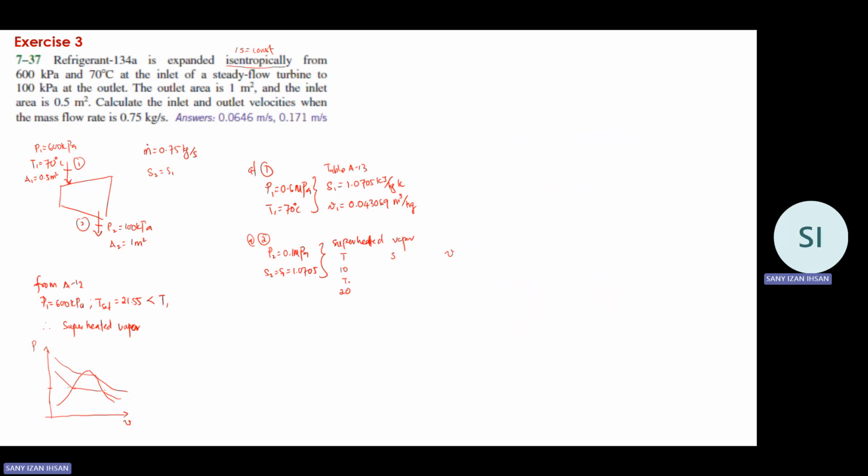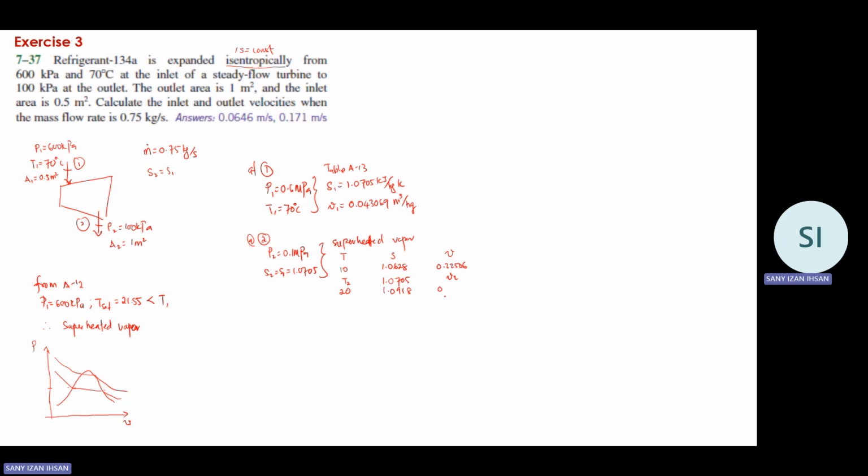This is our T, which is T2. We are not interested in finding that T2 anyway, but let's just put it there. 1.0628, this is from the table. This is what we have, 1.0705. For 20 degrees it is 1.0918. We are interested in the V, 0.22506. This is our V2, which we want to find out.